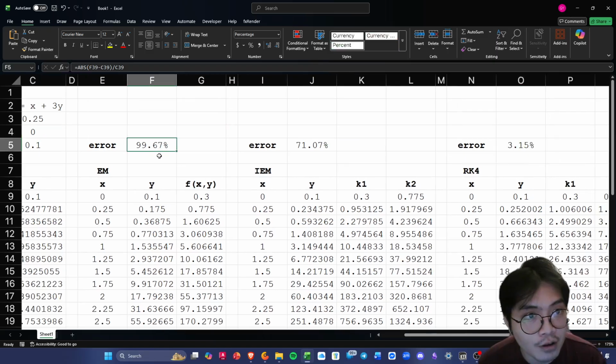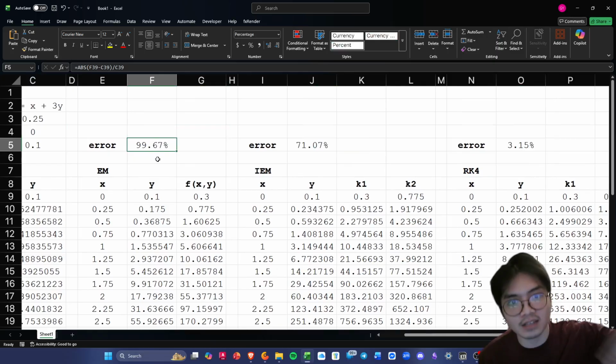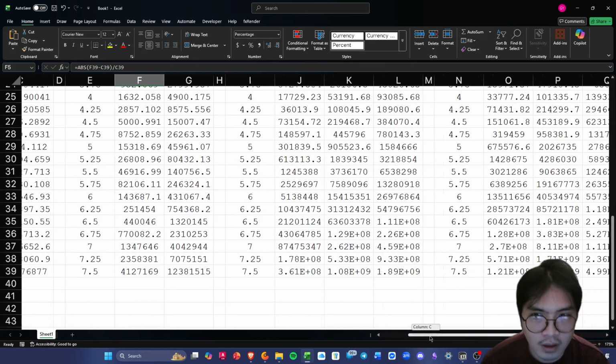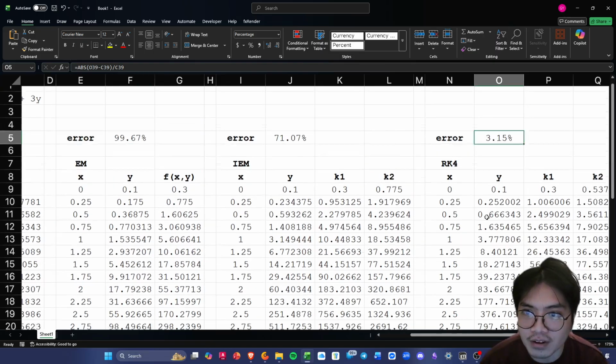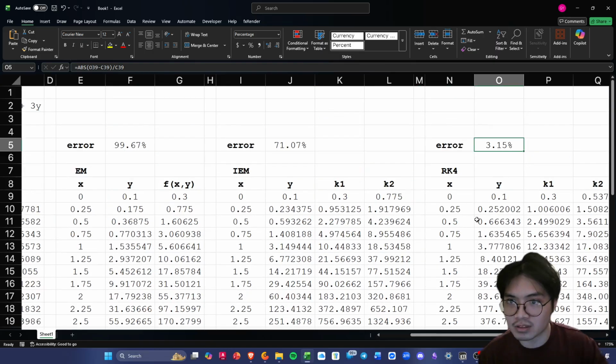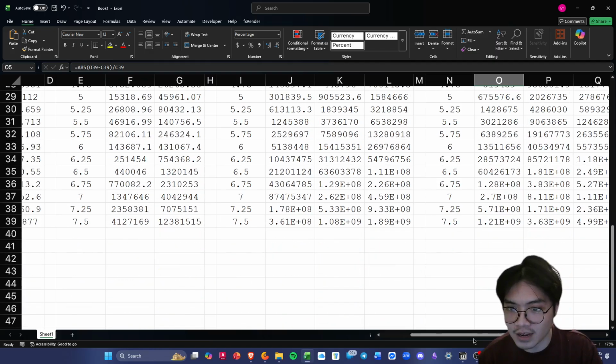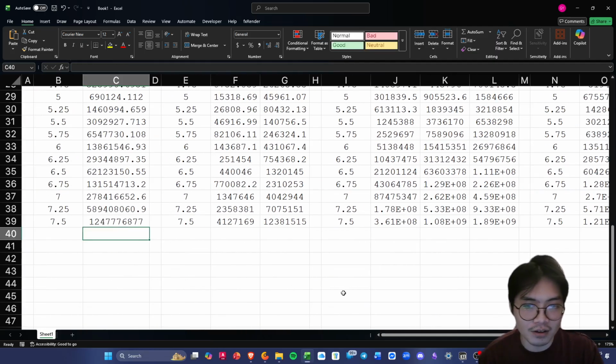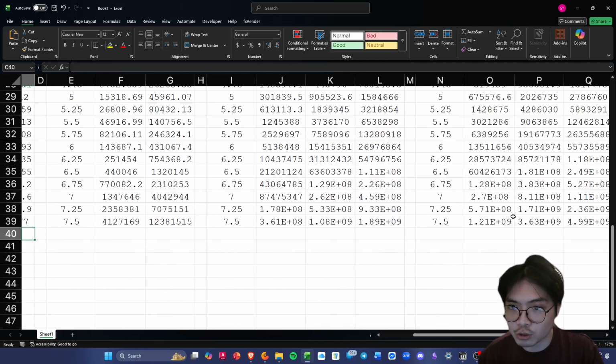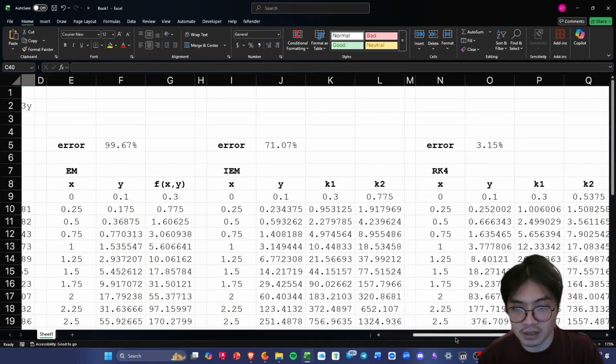The error for the Euler's method is astronomical, right? It's quite high, it's quite off. But in the RK4 method, it remains at about the same amount, 3.15, right? It got the order of magnitude correct, which was very interesting.